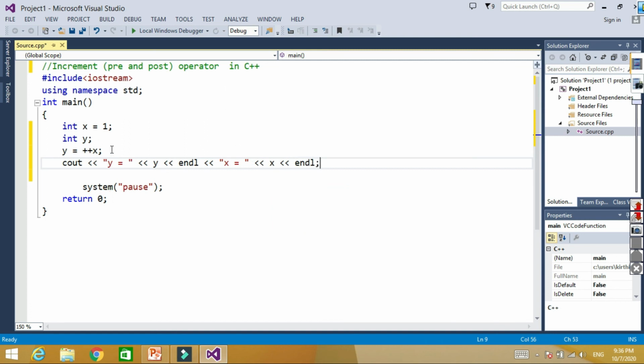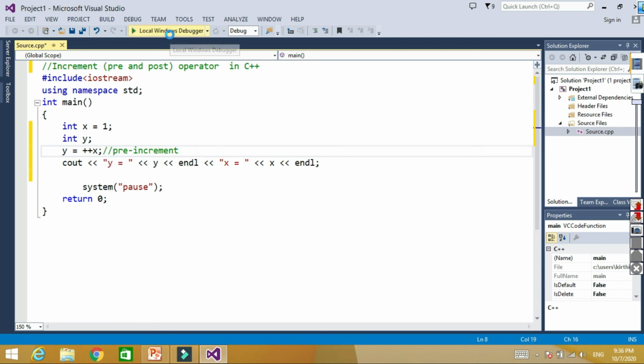At this stage this is pre-increment, so first it will increment the value of x, then that value will be assigned to y. So x will be x plus 1, that is 2, and then this 2 will go to y.